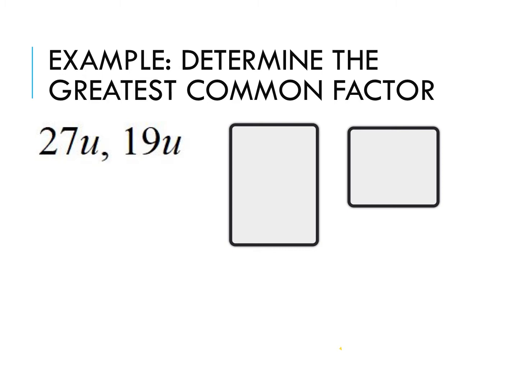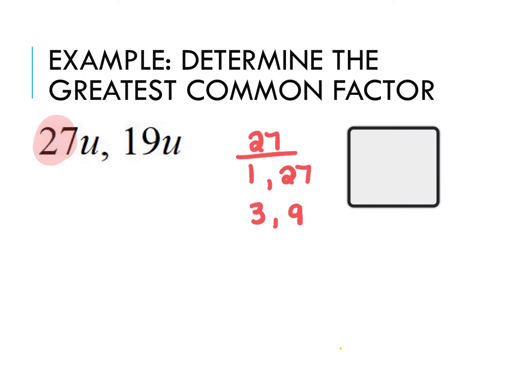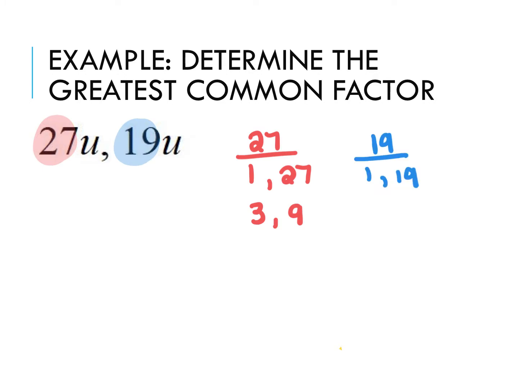In the next example, I again start by listing all of my factors of the number coefficients. For 27, I can list my factors of 1 and 27, and 3 and 9. And for 19, I can list the factors of 1 and 19.